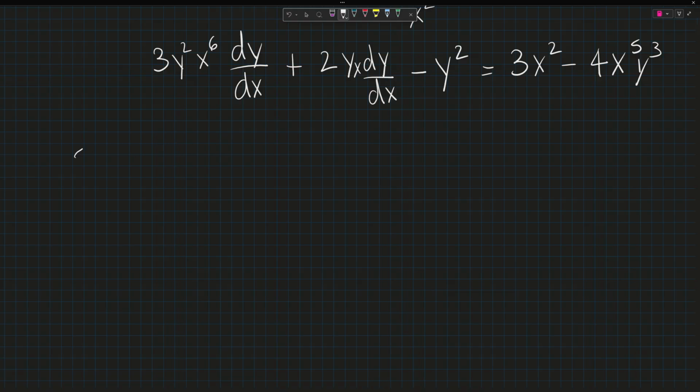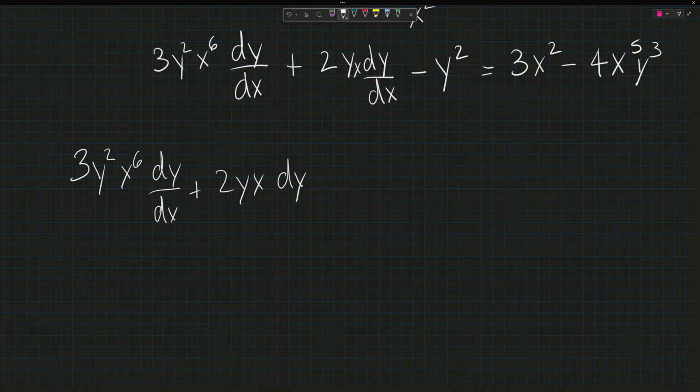So let me show you that. 3y squared x to the sixth dy over dx plus 2yx dy over dx equals 3x squared minus 4x to the fifth y to the third plus y squared, just to make sure the signs are right.